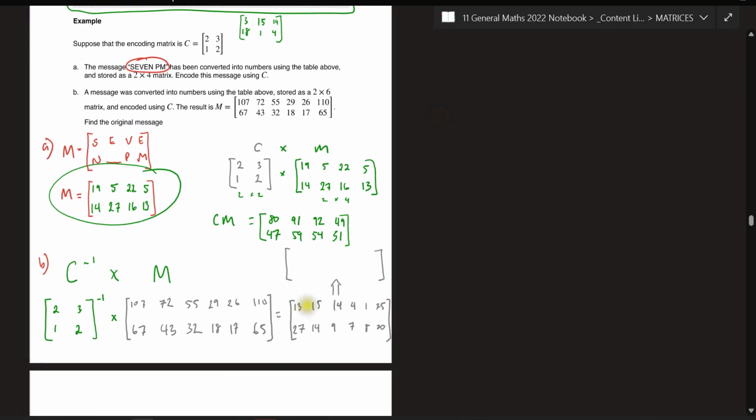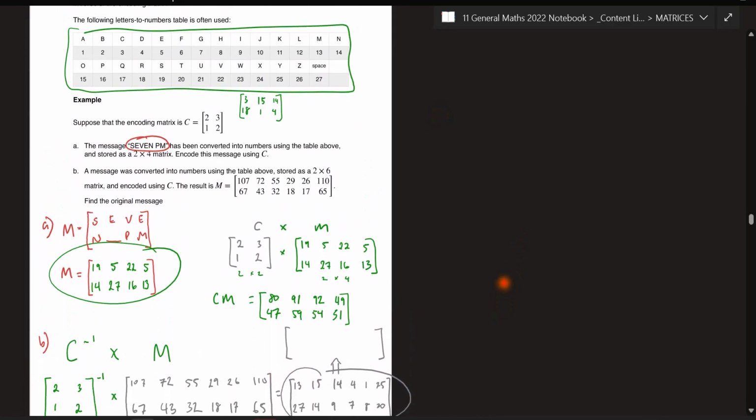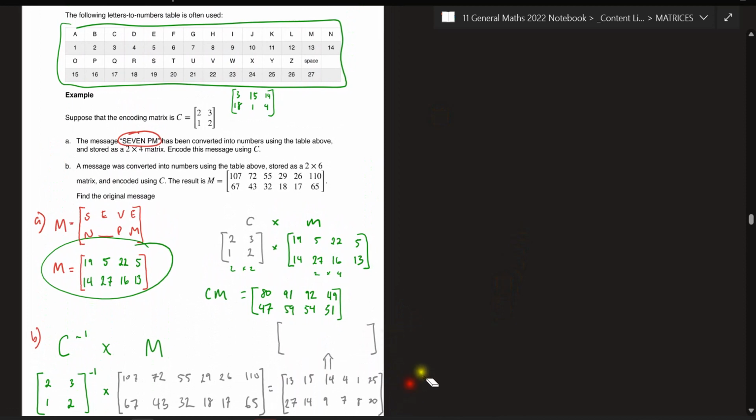We're literally just going to match these numbers back with that table, because we've decoded the message. The number 13 is M, the number 15 is O, the number 14 is N, the number 4 is D, number 1 is A, number 25 is Y, so Monday.